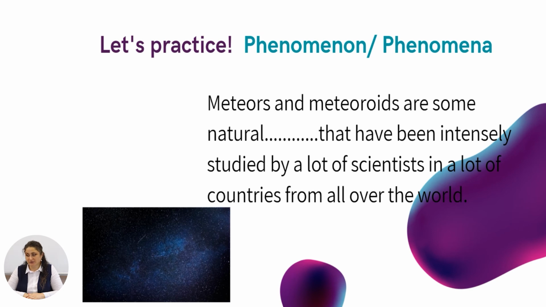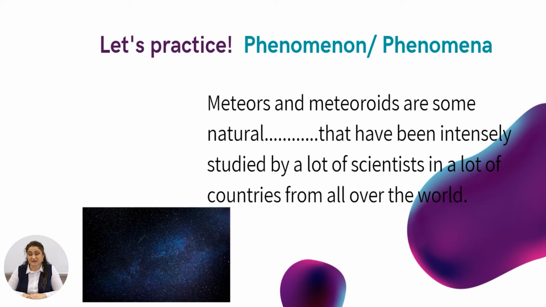Meteors and meteoroids are some natural phenomenon or phenomena that have been intensely studied by a lot of scientists in a lot of countries from all over the world. You have to take into consideration that meteors and meteoroids are plural, so that's why you are going to use the plural form.